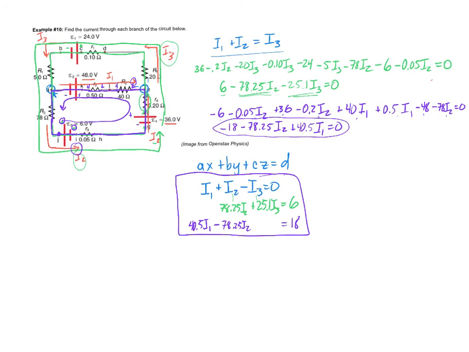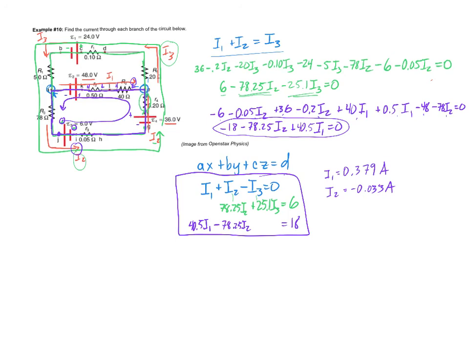And when I do this, I got the X, which is I1. That's what I put in the first row. I got I1 equals 0.379 amps. I got that I2 is negative 0.033 amps, and that's fine. That just means I chose the wrong direction for current 2.